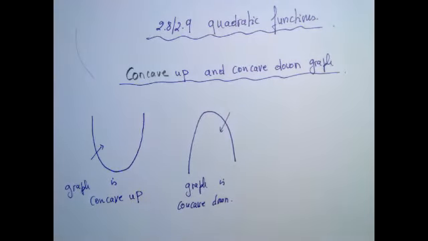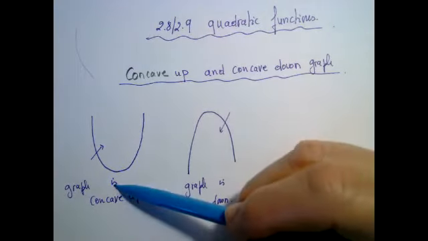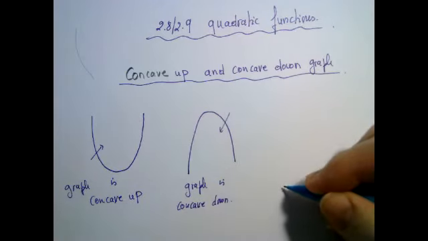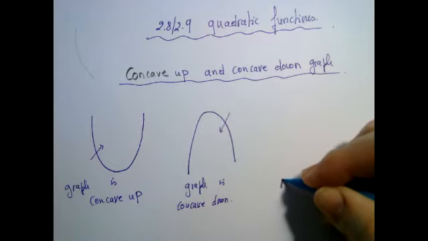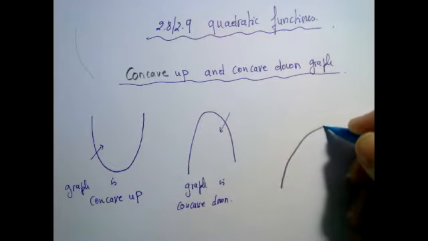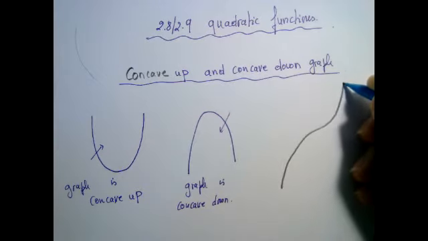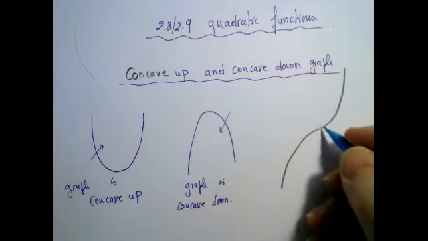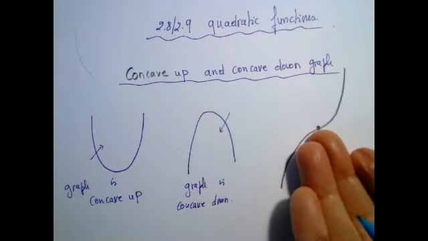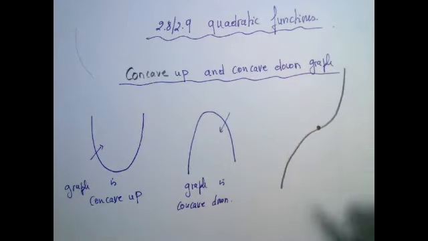Another shape of the graph is that sometimes the graph is concave up and sometimes concave down. So sometimes the graph changes its mind. It starts curving down, so it's concave down, then changes its mind and starts being concave up.